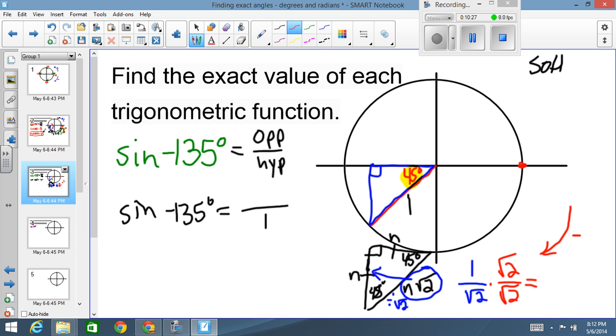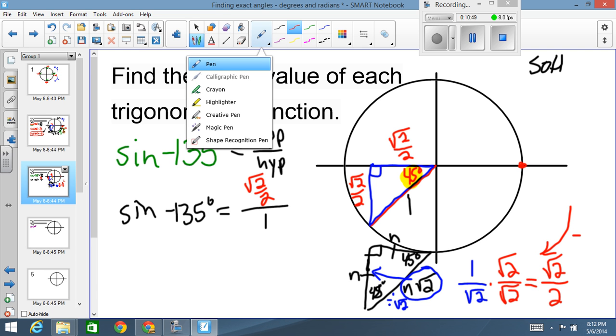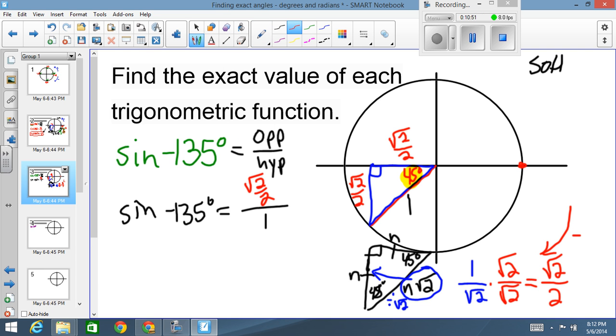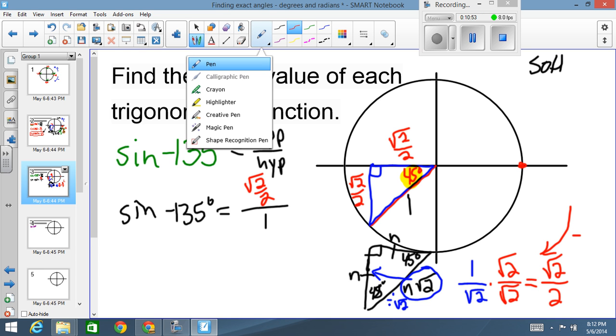Square root 2 times square root 2 is 2. 1 times square root of 2 is just square root of 2. So now I can write each of these sides as radical 2 over 2. So my opposite is radical 2 over 2. And remember, like we just said in the last one, any number divided by 1 is just itself.